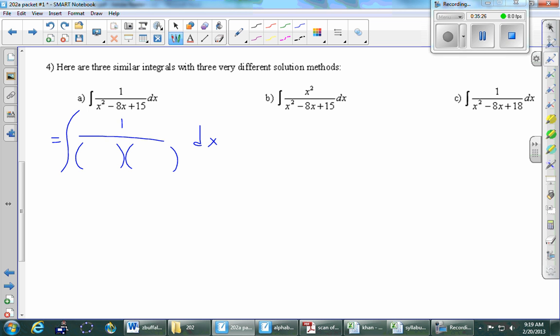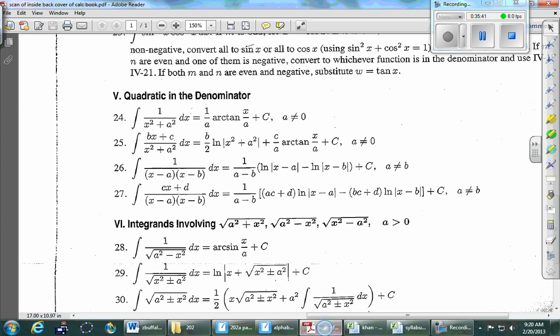What do we get? X minus 5, x minus 3, and just like that, it's ready to use that formula. So x minus 5, x minus 3. Come back to the back page. I'll put it here, x minus 5, x minus 3.